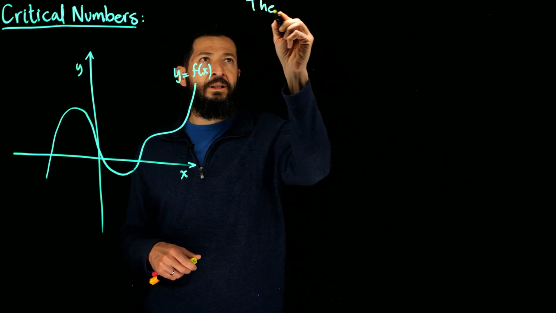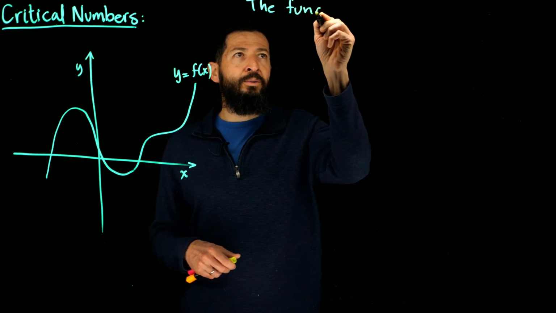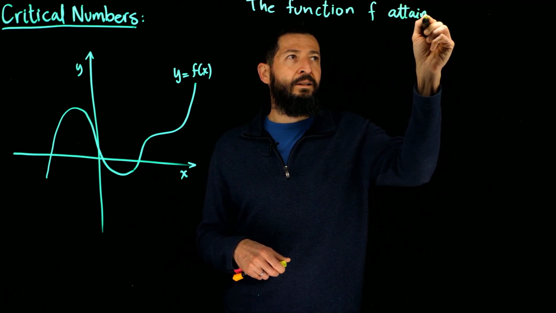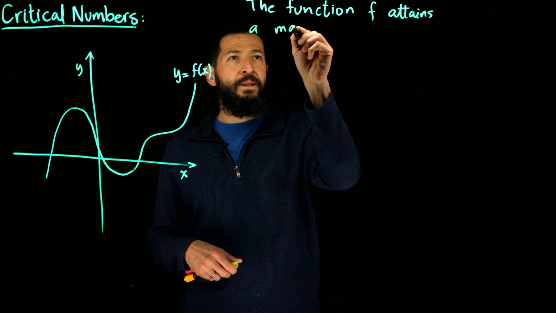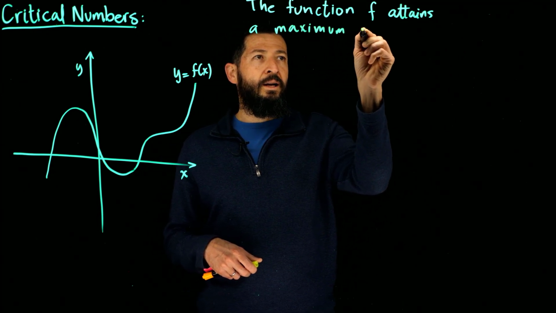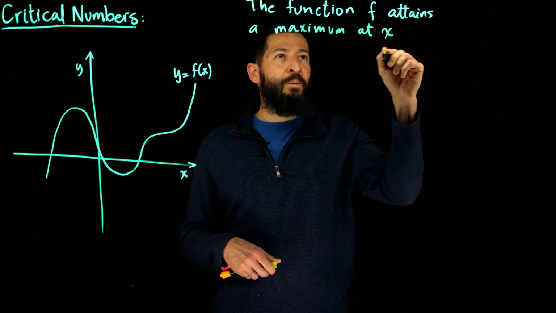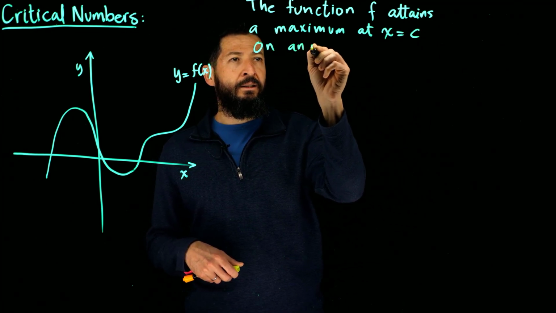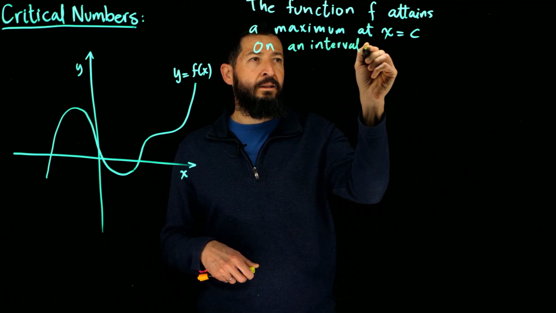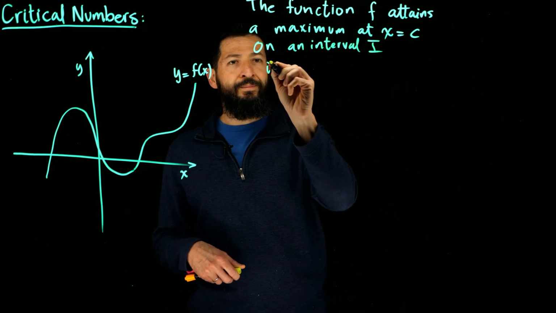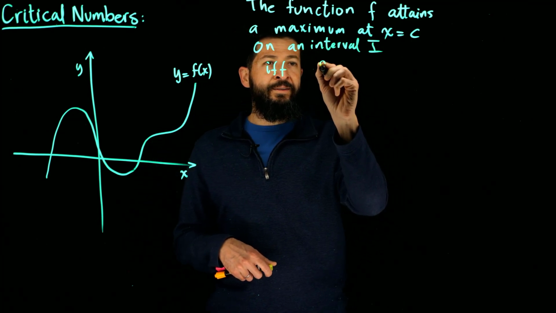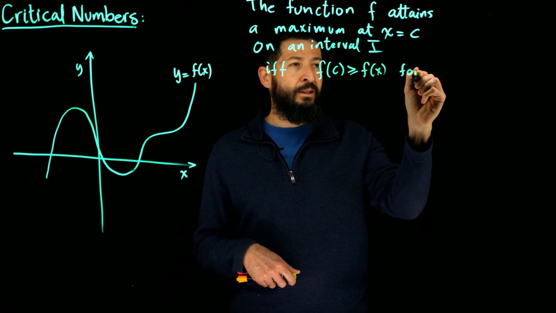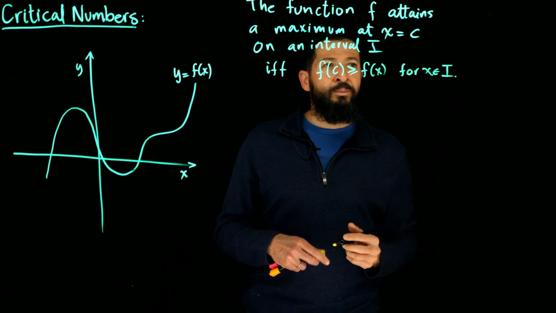F attains a maximum at x equals c on an interval I, if and only if f of c is going to be greater or equal than f of x for all x's in the interval. So what does that mean?